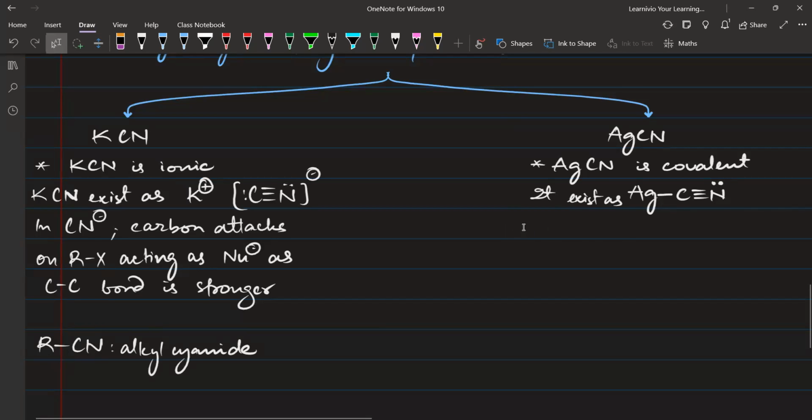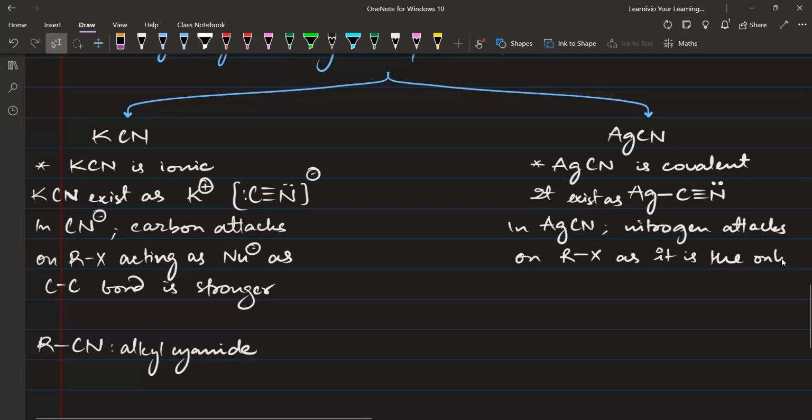In this case, the nitrogen atom attacks. In AgCN, nitrogen attacks on RX as it is the only nucleophilic atom.